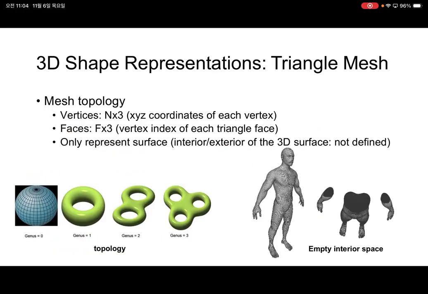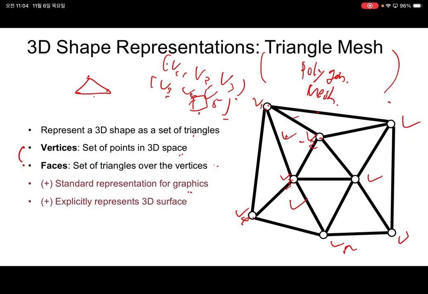So this is called the topology of mesh. As I said, for a mesh we need to define vertices and triangle faces, right? Vertices have shape N by 3, where N is the number of vertices: the X, Y, Z coordinates of each vertex. And faces are the vertex indices of each triangle face. We need to define which vertices make each triangle.